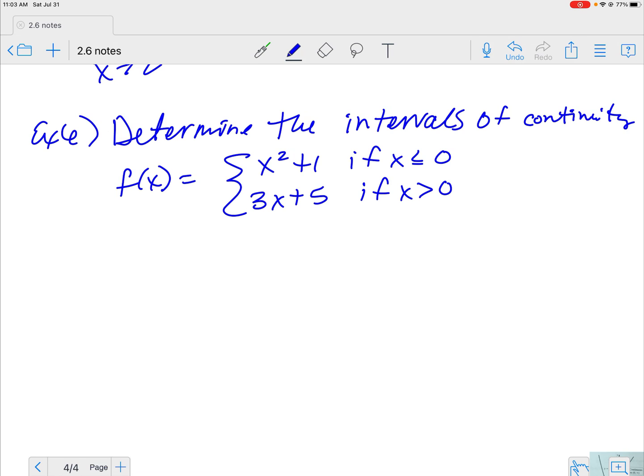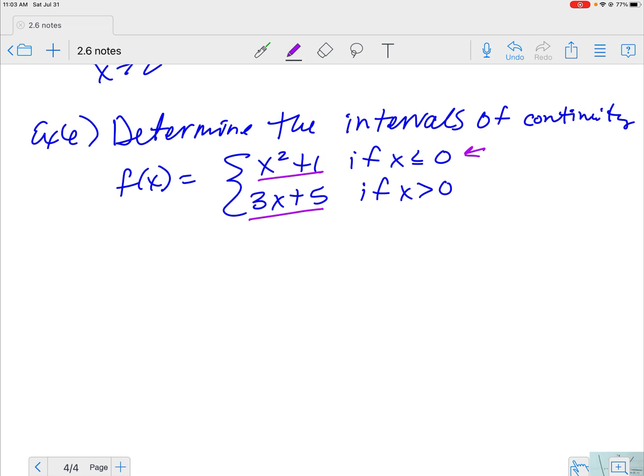Now here's the deal. This is a piecewise function, right? For the top one, x squared plus 1, that is continuous by itself no matter where I am because it's a polynomial. The bottom is also continuous no matter where I am because it is a line.